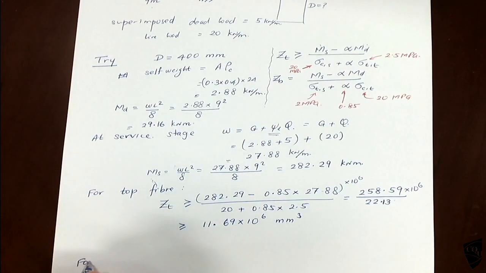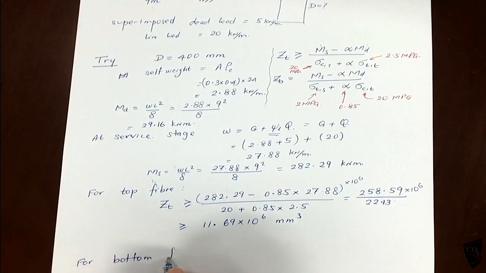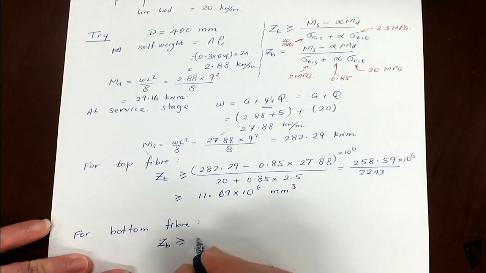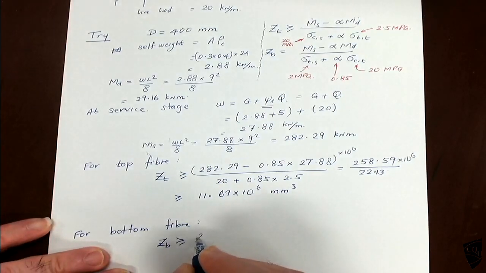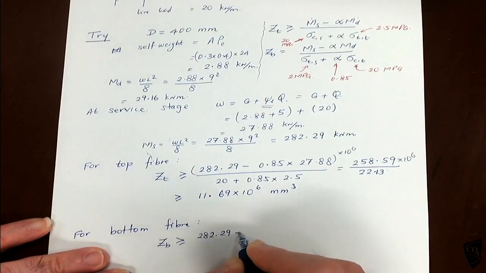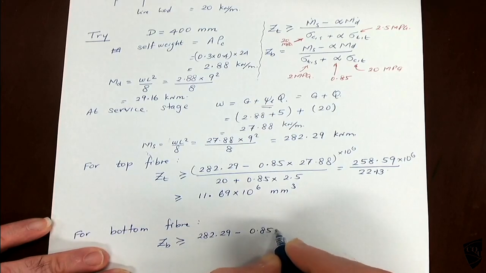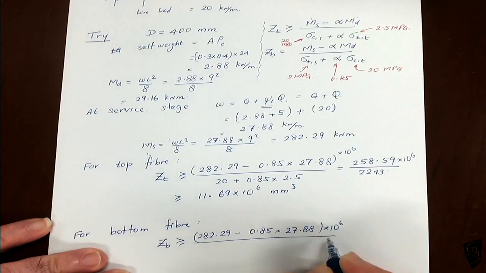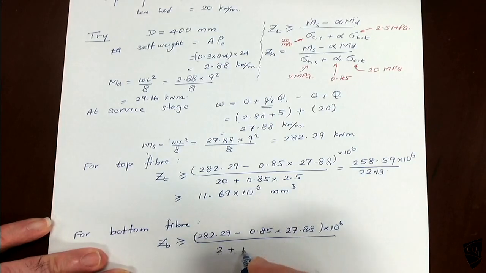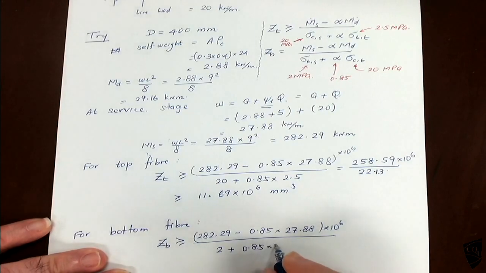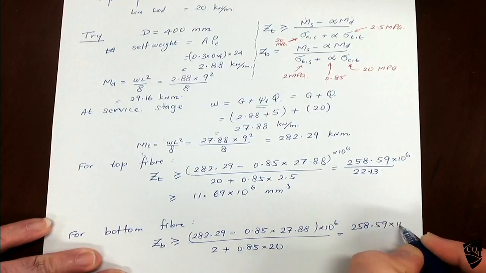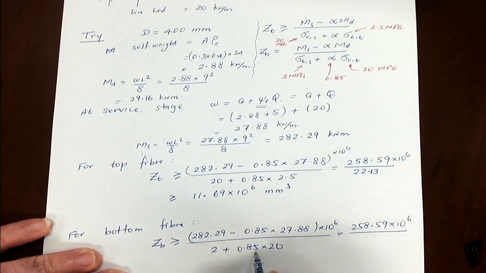So similarly for bottom fiber, ZB should be larger than, if you put MS 282.29 minus this, it will be 258.59, the bottom one, divided by 19.